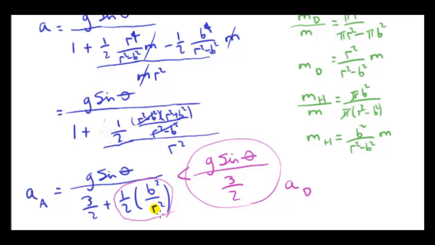So it doesn't matter what b and r is. B is always less than r, of course, but this quantity here is always some non-zero term. It's always some term that we're adding onto 3 halves. So this overall thing is always going to be less than the acceleration of a uniform disk of any radius or mass. So this is really surprising in my view.